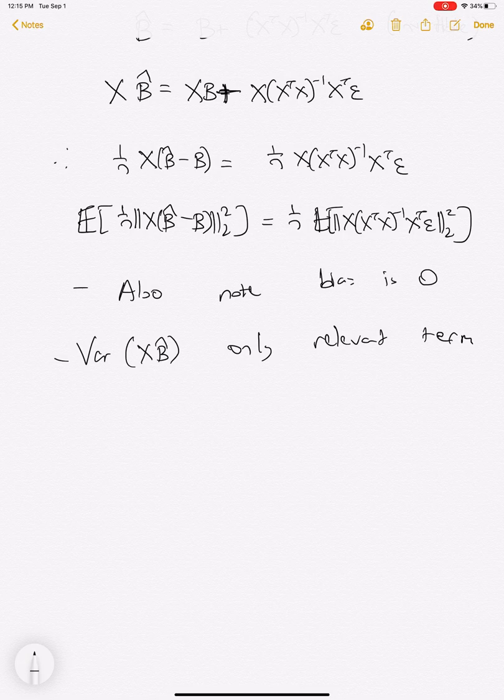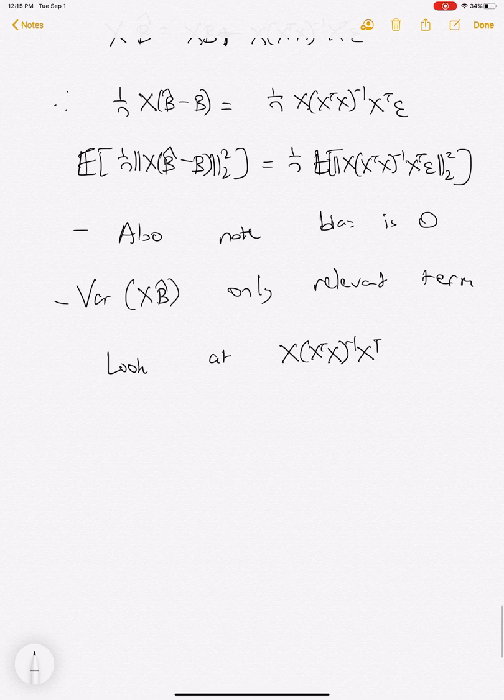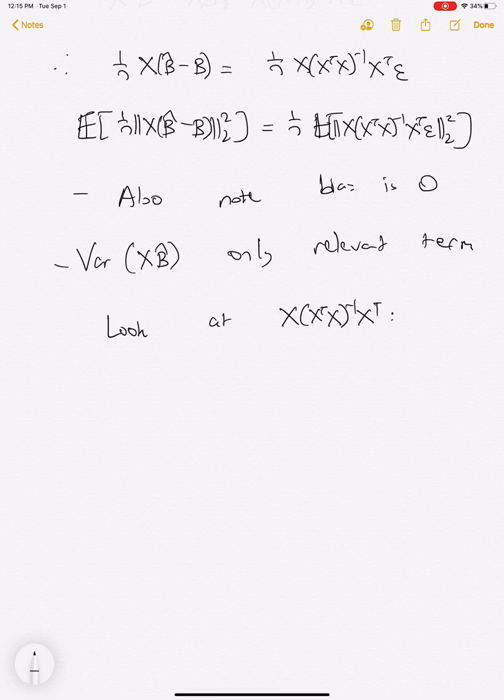Okay, so now let's look at this in a little bit more detail. So let's look at this matrix X transpose X inverse X transpose. One thing that's nice about this is that it's an orthogonal projection.